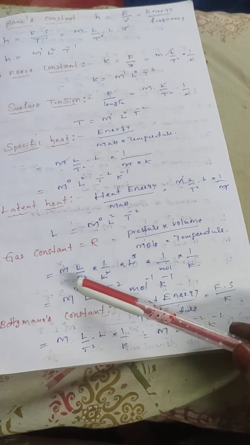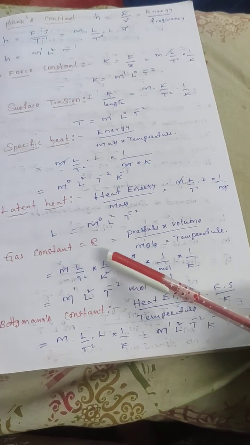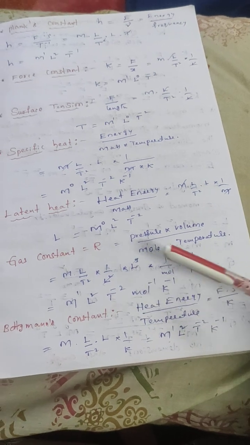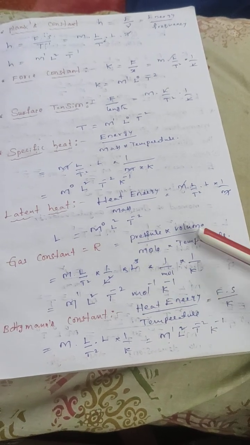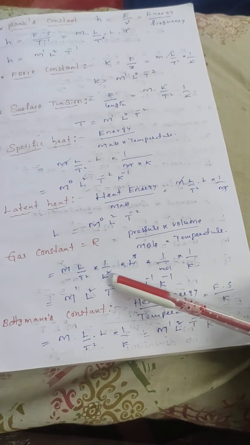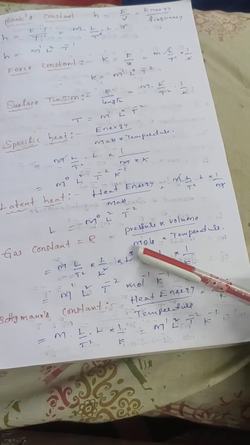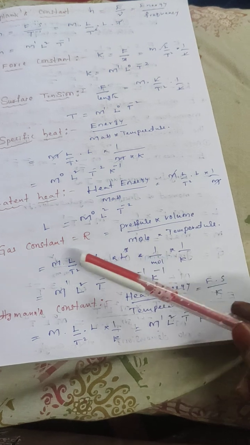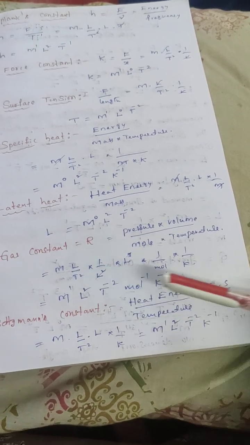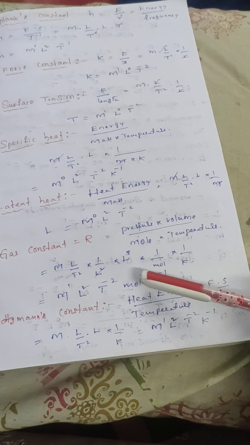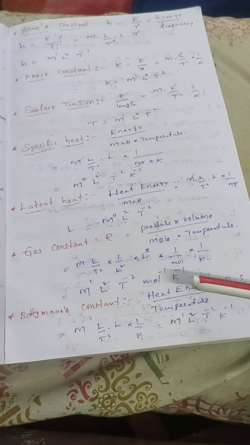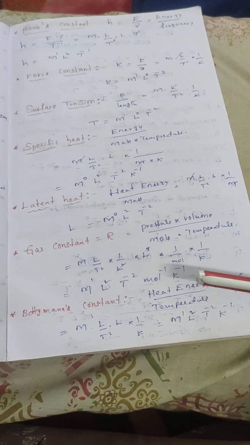Volume is L cube, by mole, 1 by mole. Temperature is 1 by Kelvin. Here L square and L cube, 1 L left, L into L, L square. M power 1 L square t power minus 2 remaining, mole to the power of minus 1, Kelvin to the power of minus 1. This is the gas constant R value.